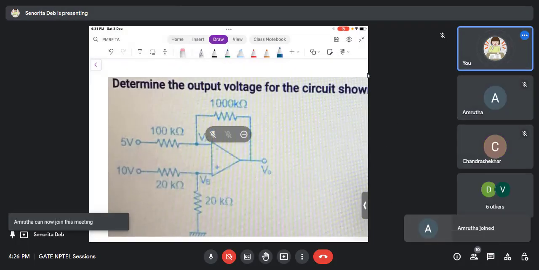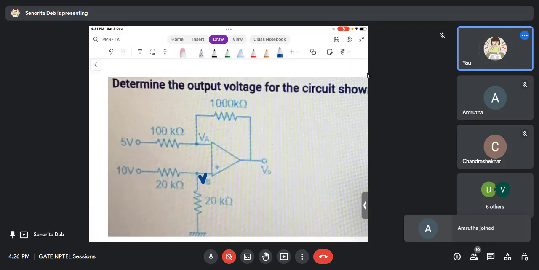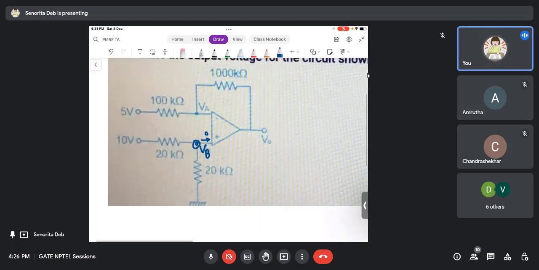VB is here, right? Now you see the current going inside the op-amp is 0. That means this is nothing but a series circuit.